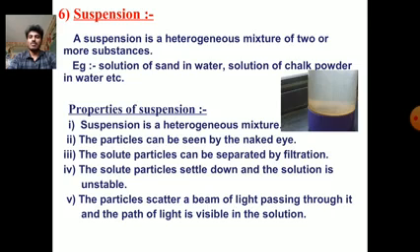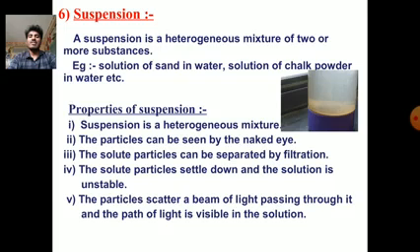Next one is suspension. A suspension is a heterogeneous mixture of two or more substances. For example, sand in water, chalk powder in water, etc. The properties of suspensions. The suspension is a heterogeneous mixture.